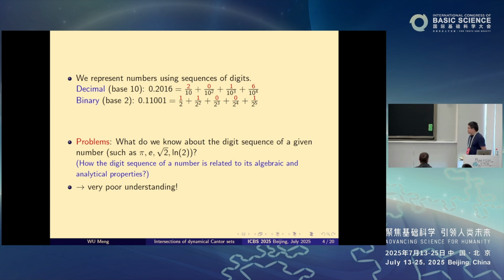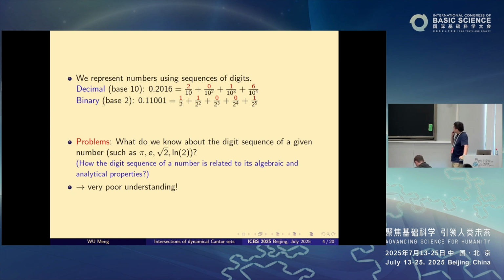For example, the digit expansion of algebraic numbers is believed to be quite random, but that's just a conjecture, and it's really difficult to study this kind of problem.